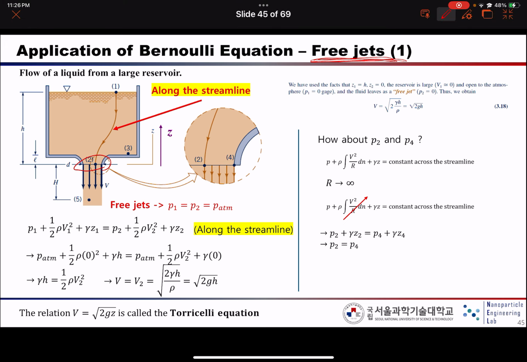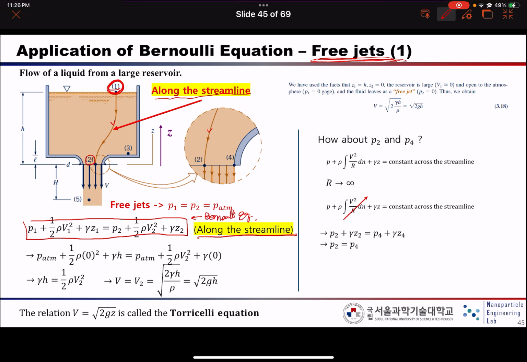In this example, we can draw the streamline from 1 to 2, right? Because this is along the streamline, we can write it like this and use the Bernoulli equation.